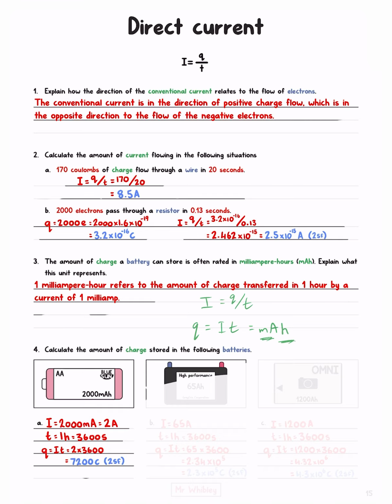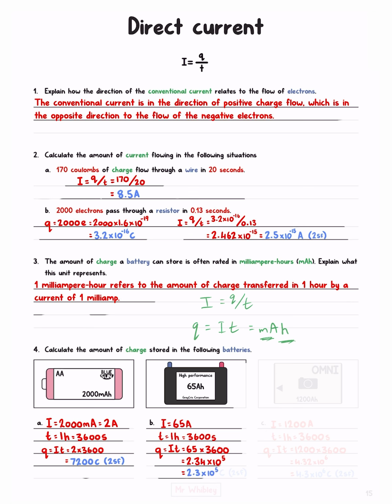In our second example, we have a charge of 65 amp hours, and so we have a current of 65 amps and a time of 1 hour, or 3600 seconds. Knowing our charge equation, knowing our current and our time, gives me 2.34 times 10 to the 5, or 2.3 times 10 to the 5 coulombs to two significant figures.